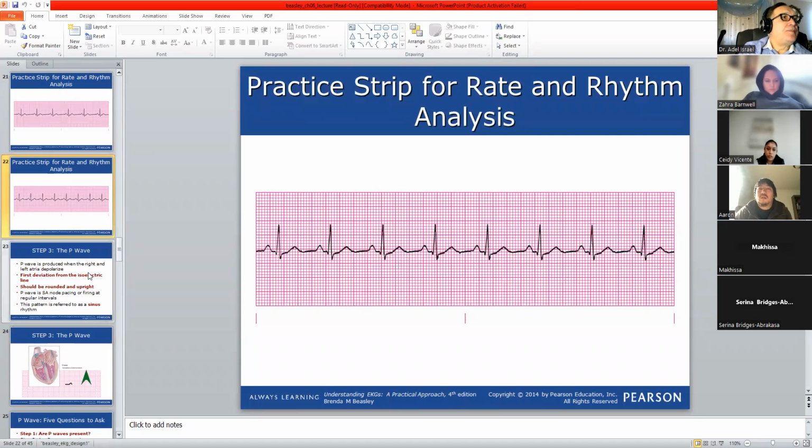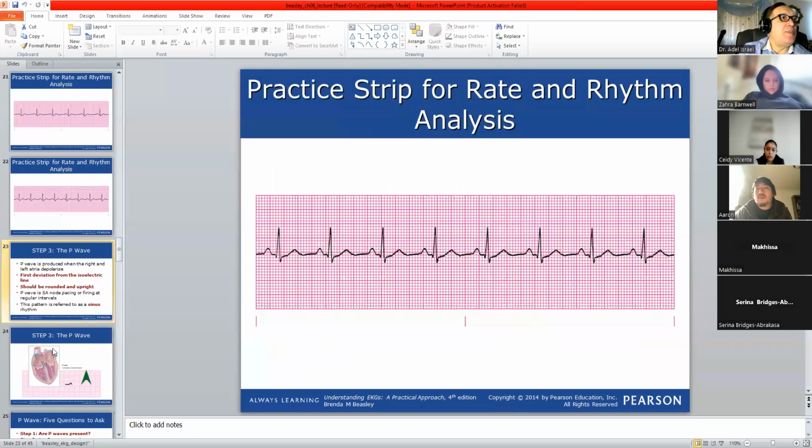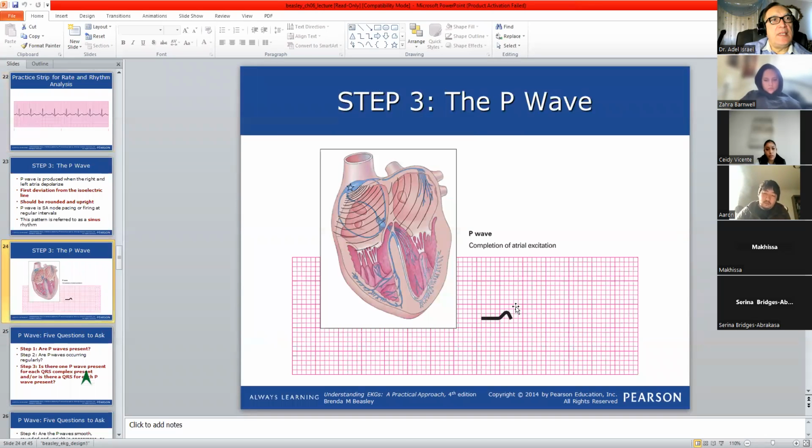All right. And we mentioned also that the third step is to comment on the P wave. We mentioned that the P wave is rounded or smooth, and it is upright, meaning positive, and it represents the atrial contraction. And we know that this is the P wave. We learned this before.